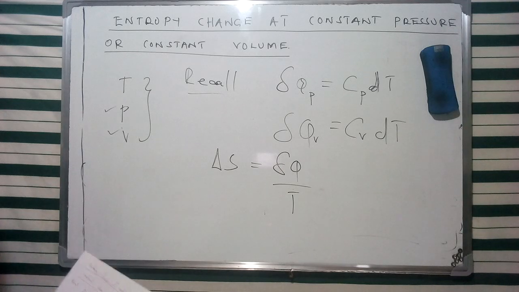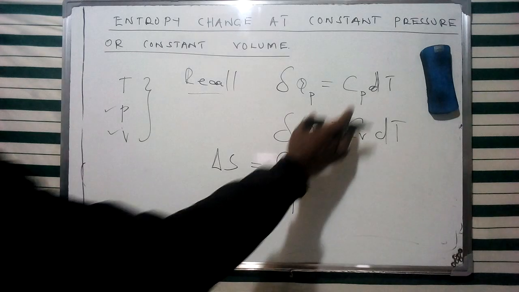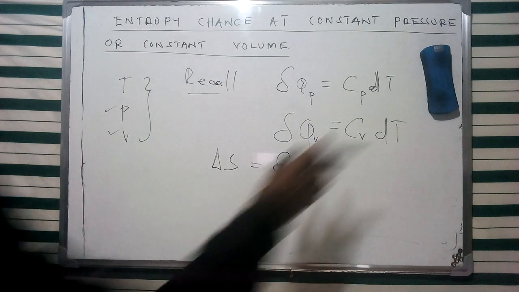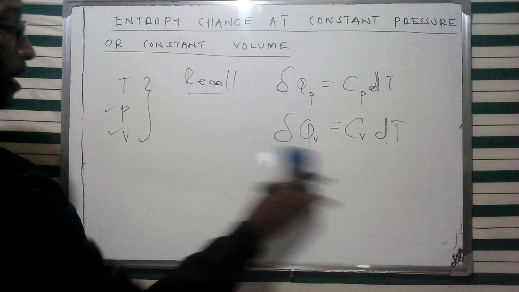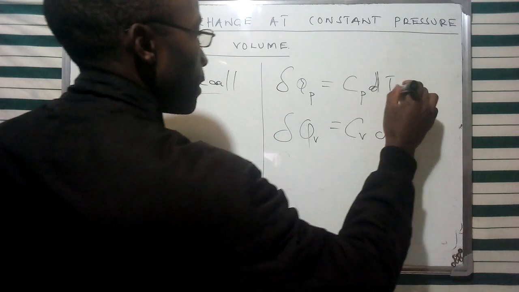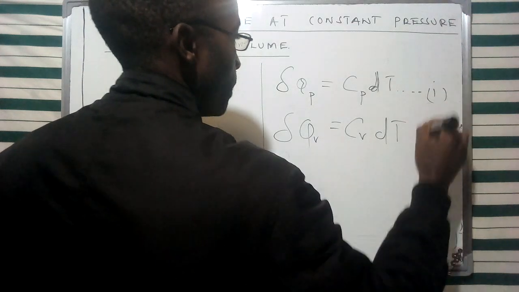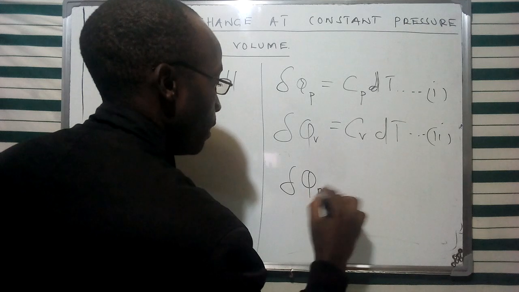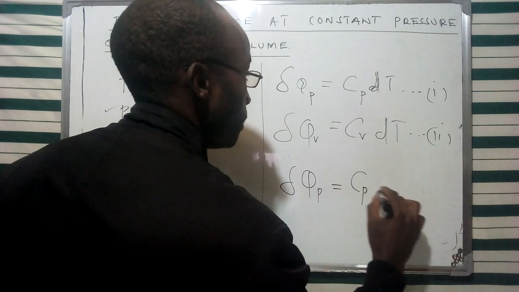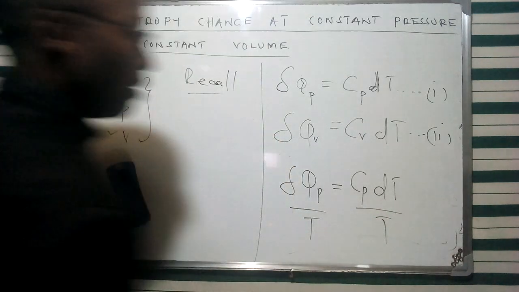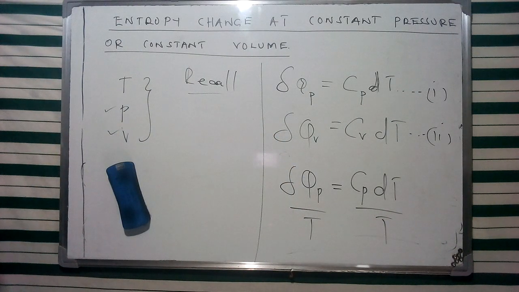Therefore, I'll consider the relationship between these two equations. For us to derive entropy from the two equations, we are going to divide these equations by absolute temperature. So this is the first one and the second one. For entropy at constant pressure, I'm going to have this one divided by T in order to have a ratio for delta S.